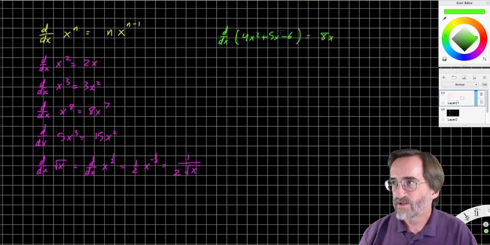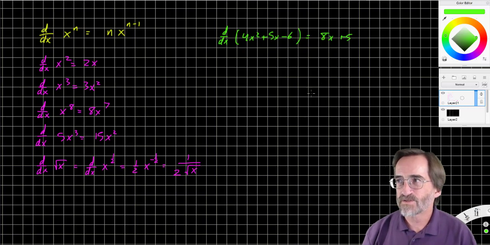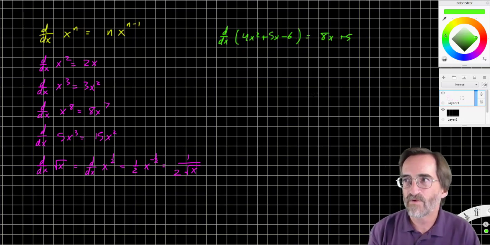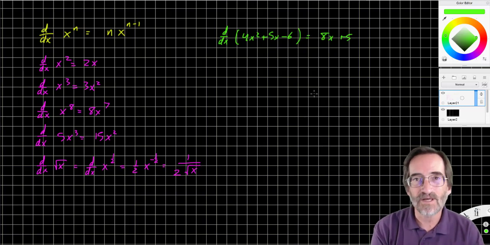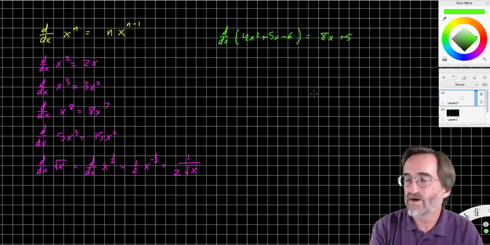For 5x, think of that as x to the 1, so 1 times 5 is 5, and x to the 0 just drops the x off. And think of the constant as x to the 0, and 0 times negative 6 is 0, so the constant just drops off. So the derivative of 4x squared plus 5x minus 6 is 8x plus 5.